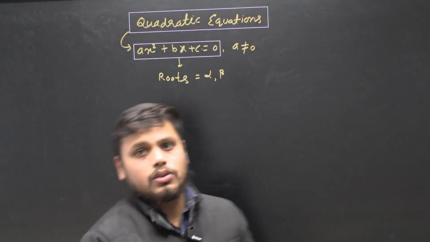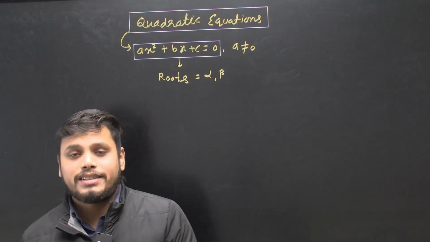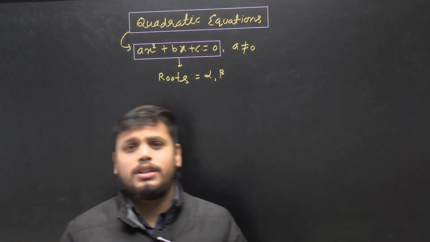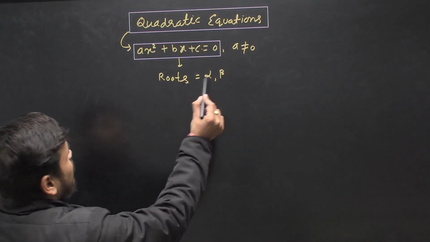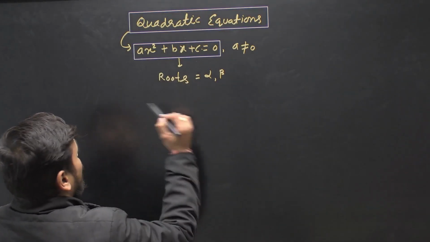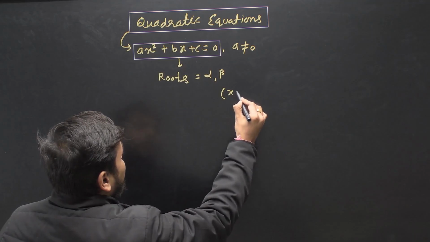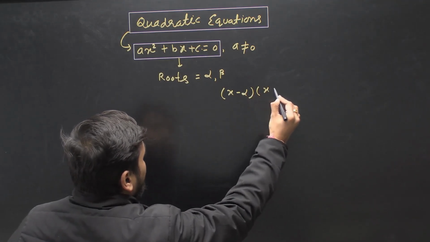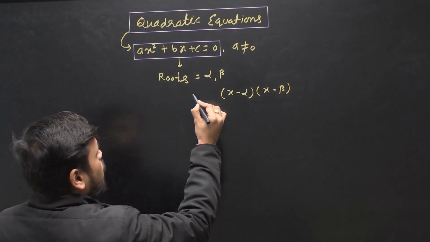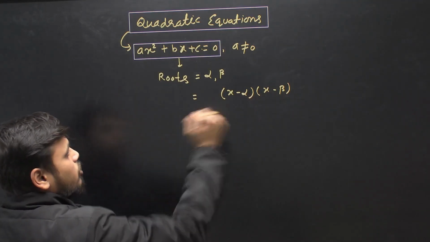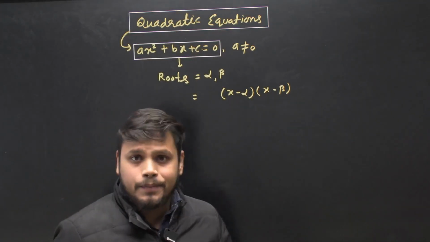Okay, so now we are interested in finding the sum of roots, product of roots, difference of roots, right? So first of all, if the roots are alpha comma beta, then this quadratic should be in the form of x minus alpha into x minus beta, because at x equal to alpha this whole will result in 0, at x equal to beta this whole will result in 0.